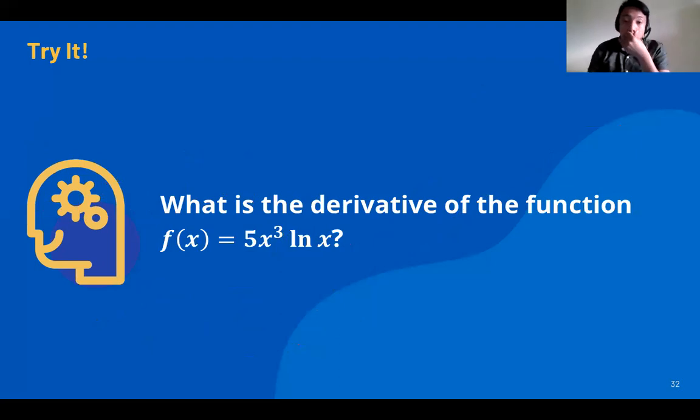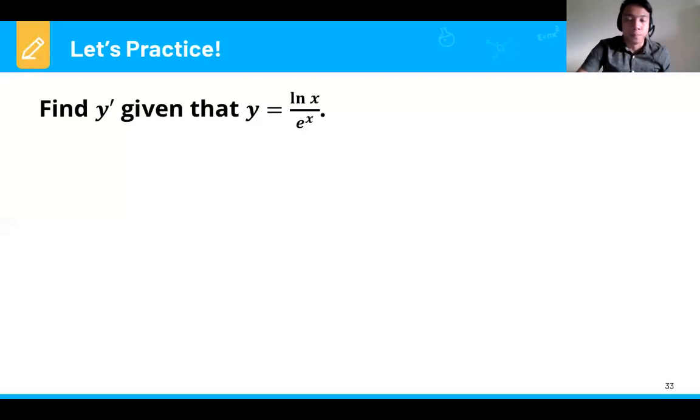Okay, next example. What if we have: find the derivative of y given that y equals ln x over e raised to x. So here, this will now be the combination of the exponential and the logarithmic function, because we have e raised to x.